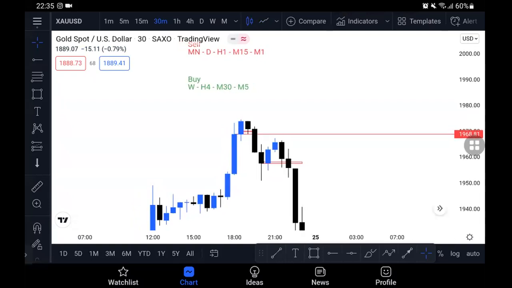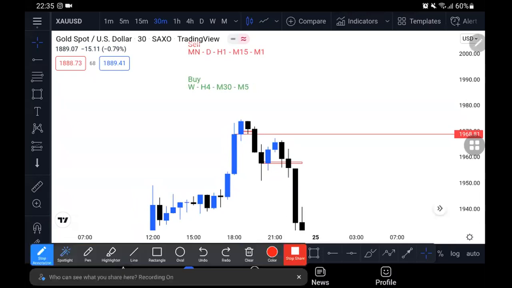The monthly is actually for us to lock the time frame.